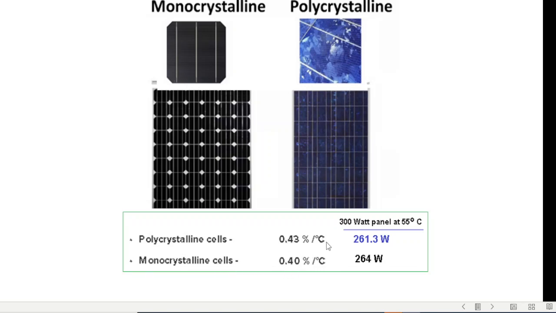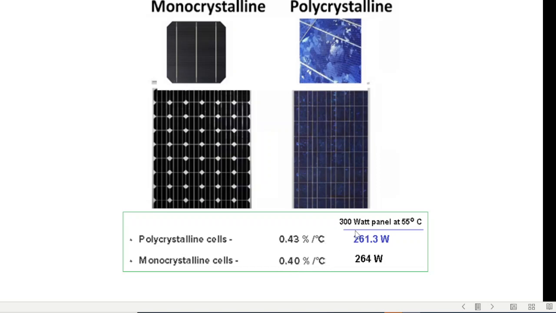Now you can see the polycrystalline degrades by 0.43% per degree centigrade, whereas the monocrystalline decreases by 0.40% per degree centigrade.